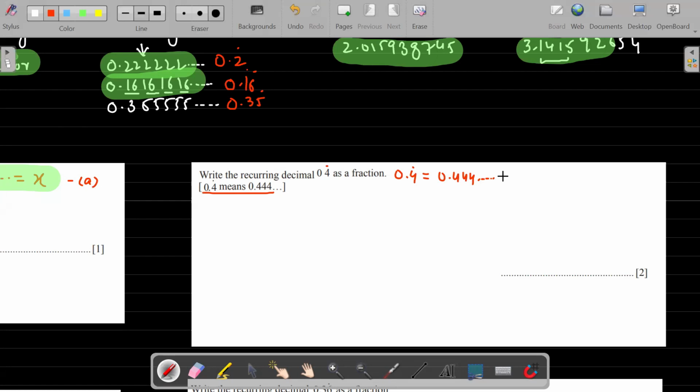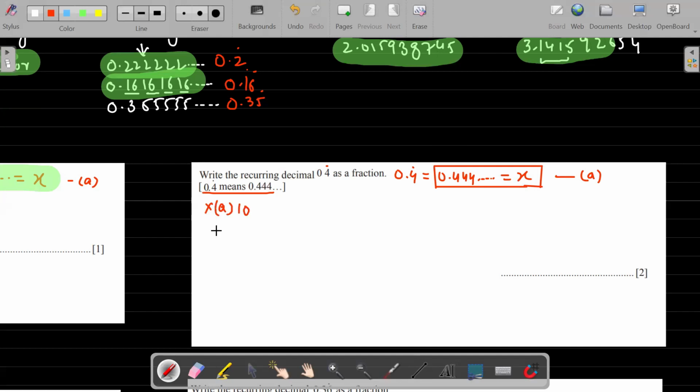Okay, it's a recurring decimal. So it's a rational number. We consider that this term is equal to x. So first I'm going to consider this equation as A. Now let's multiply this equation. Multiply equation A with 10.